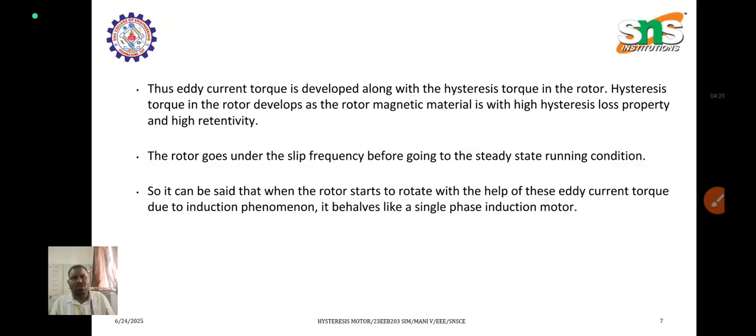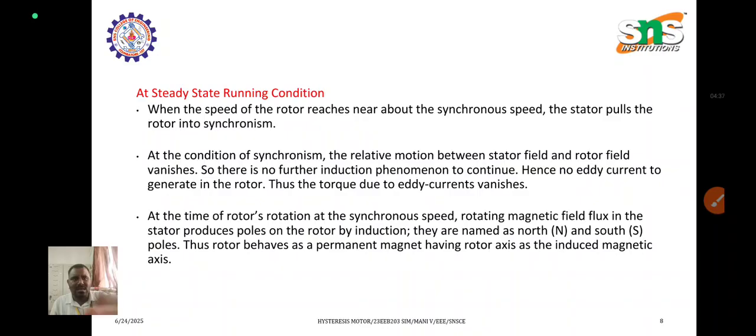The rotor goes through slip frequency before reaching the steady state running condition. Based on these hysteresis losses, it starts, and under running condition the speed of the rotor reaches nearly the synchronous speed.